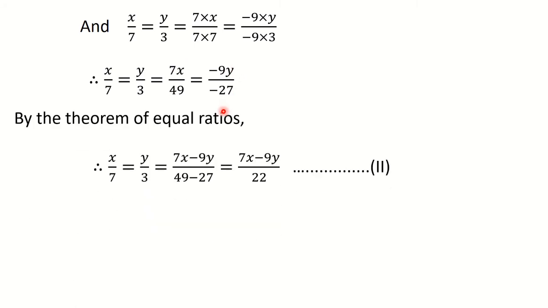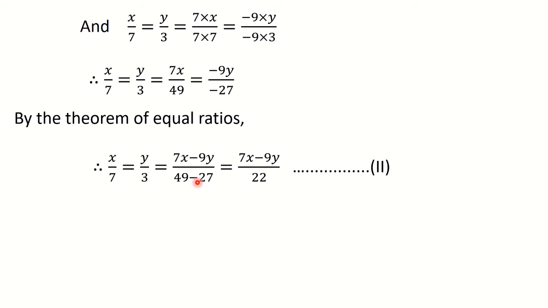Then we are going to apply the theorem on equal ratios. That means add these two numerators and add these two denominators. So the original ratios x upon 7 is equal to y upon 3 is the same as 7x minus 9y upon, here there is a mistake, it should be 49 minus 27.